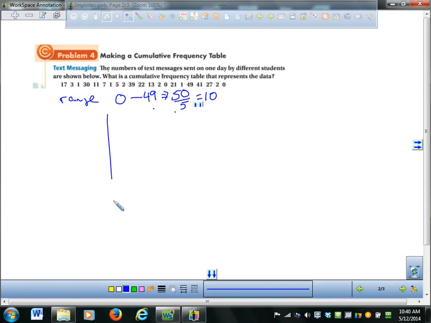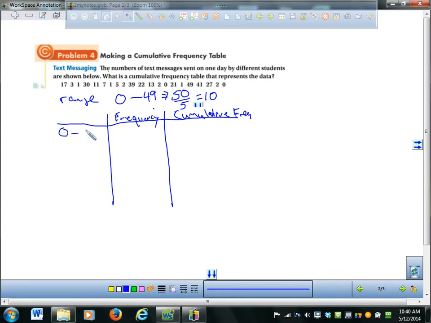Okay? And let me show you just what a cumulative frequency table is. Frequency, and this is the cumulative frequency. And since I want my categories to be 10 wide, I'm starting at 0.